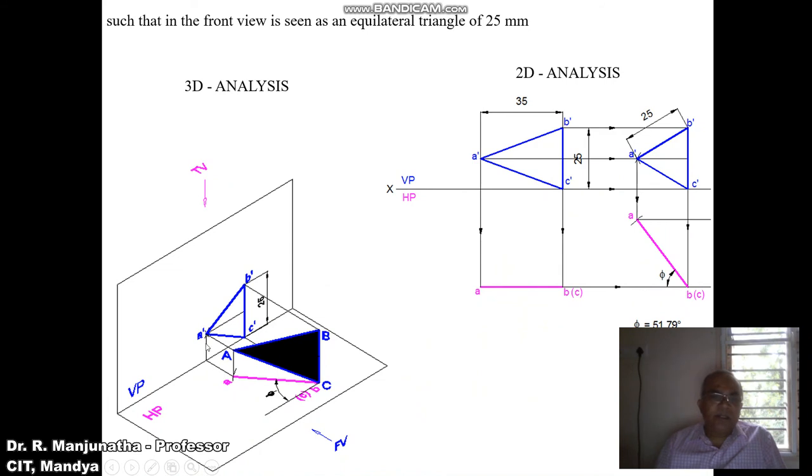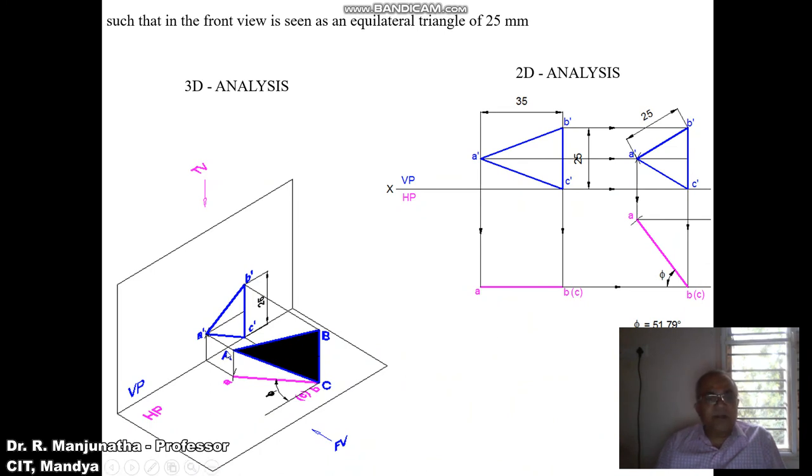In the front view you have to draw the equilateral triangle, and then by taking this distance, you cut it so that you get the rotation, and you determine the inclination with respect to VP, which is 51.79 degrees. When you do it in the computer it is 51.79 degrees; when you do it manually, it will be 52 degrees.